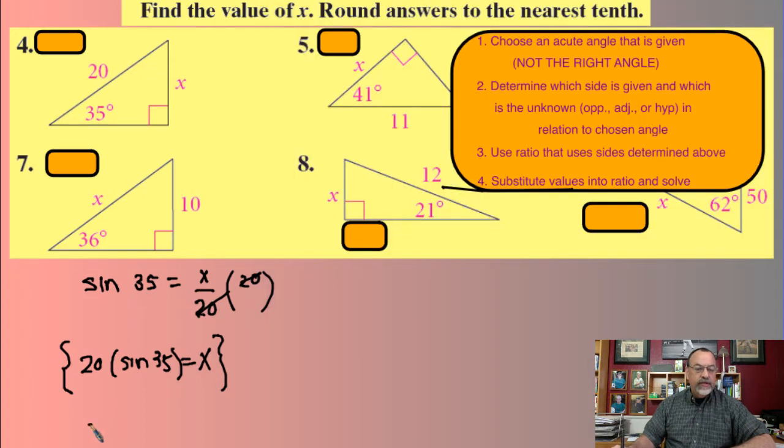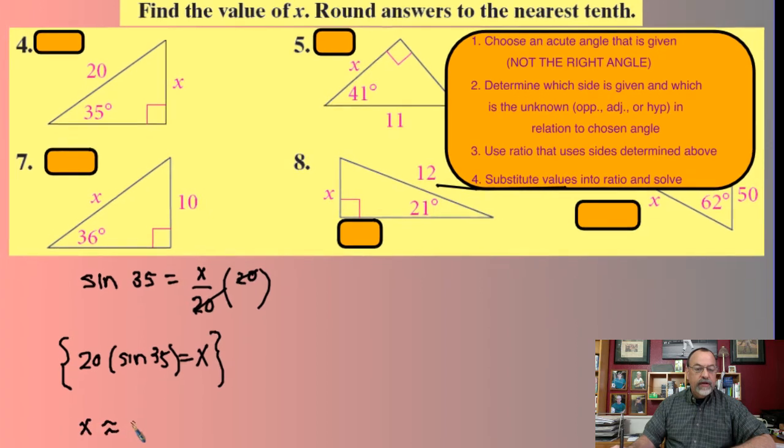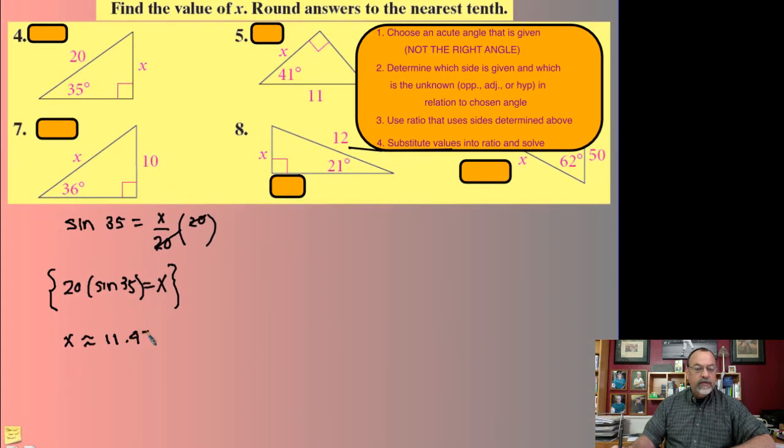I'm rounding to the nearest tenth, so that tells me this would be about 11.5 as the value of x. Again, make sure you use the approximately equal sign. Make sure you go one past the place that you're using, and then make sure you have your final answer using the tenths place. And we check that and we have 11.5.